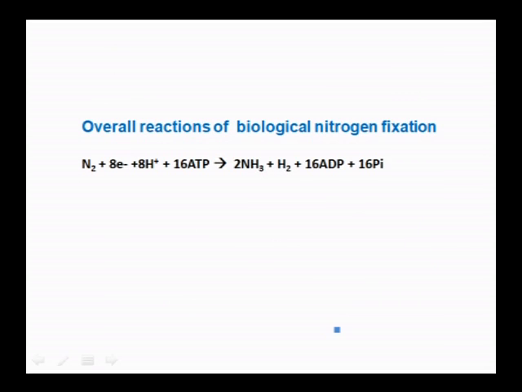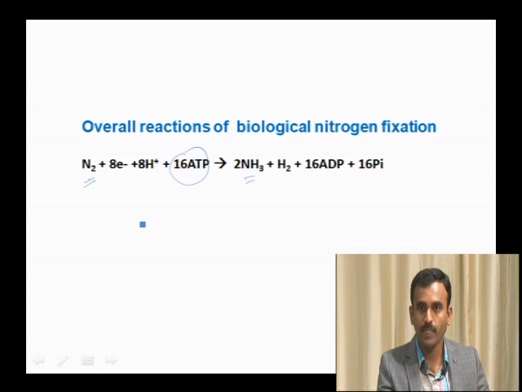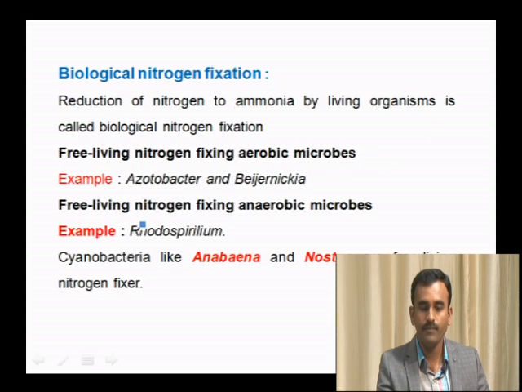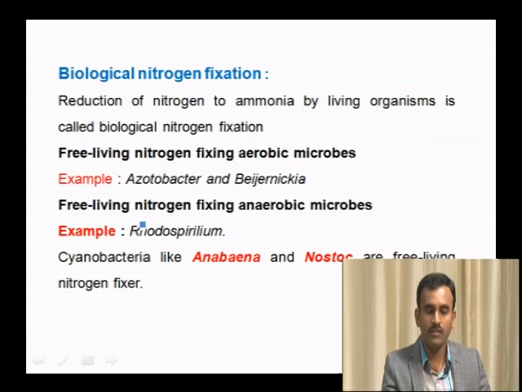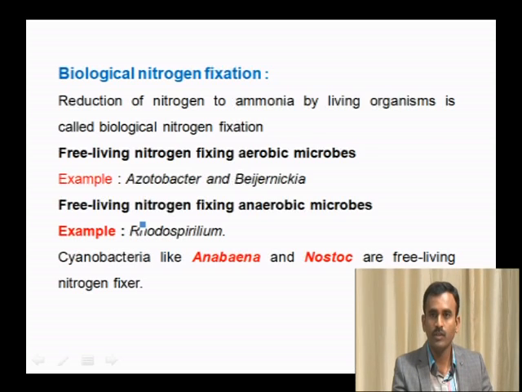This is the overall reaction of biological nitrogen fixation, in which one molecule of nitrogen converts into 2 molecules of ammonia by using 16 molecules of ATP. Biological nitrogen fixation is the reduction of nitrogen to ammonia by living organisms.